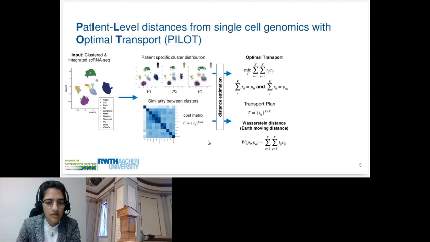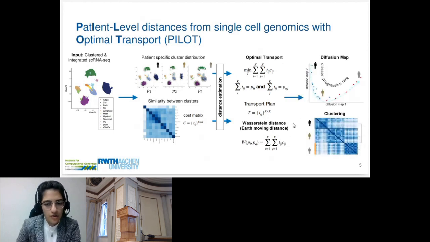We can find a transport plan for moving the masses of cluster distributions of one patient to another. Then we can use the Wasserstein distance to estimate the total cost associated with the optimal transport plan.